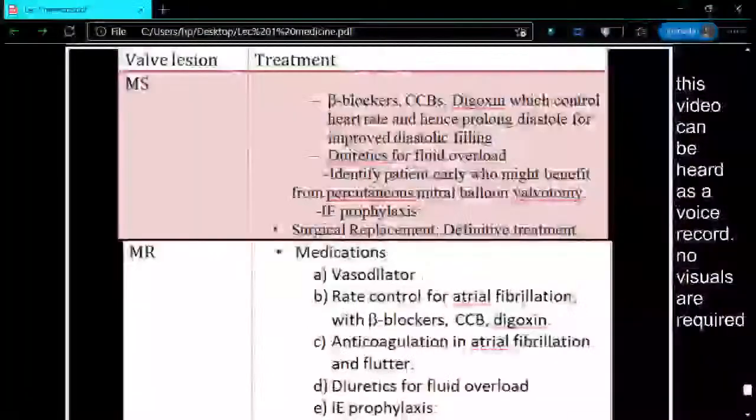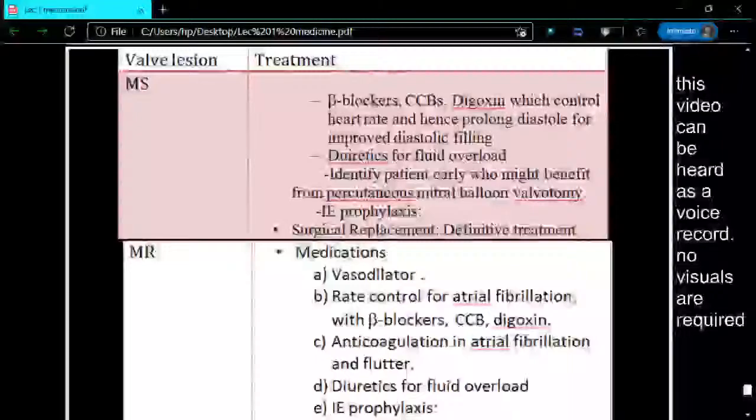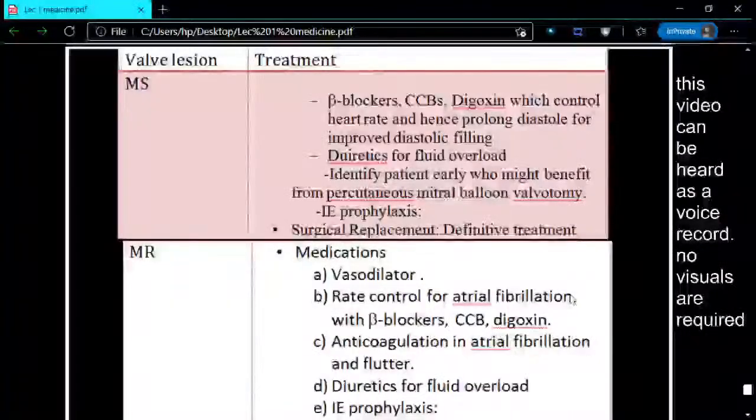Treatment. MS: beta blocker, CCBs, diuretics, balloon treatment.